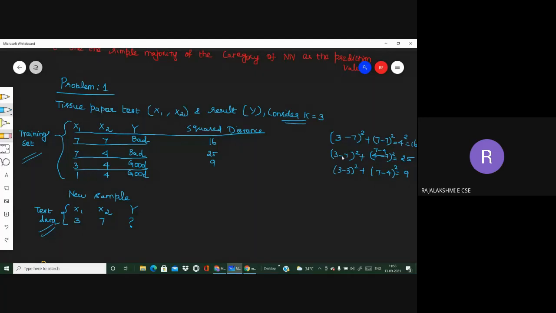Apply the formula: 3 minus 1 the whole square plus 7 minus 4 the whole square. What is the output?